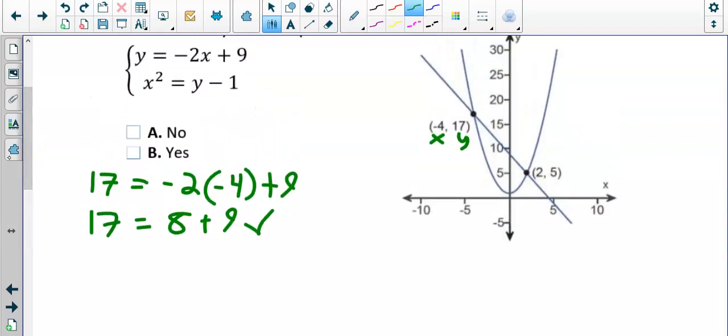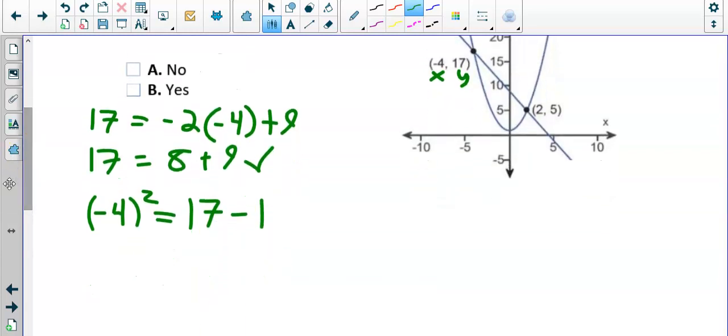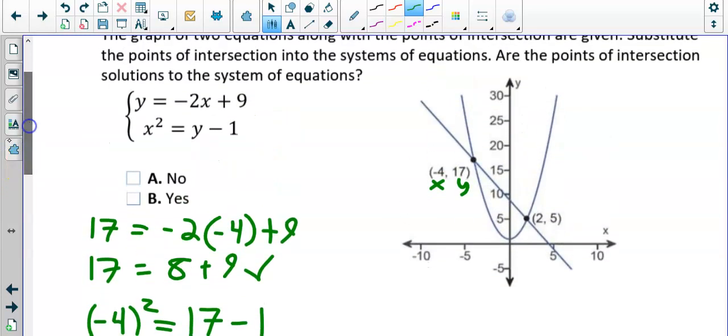As long as it checks out in the second equation, we're good to go. So we've got negative 4, and we're going to square it, equal to 17 minus 1. What's negative 4 squared? 16. Is 17 minus 1 16? Yep. Checks out. So this point is good.